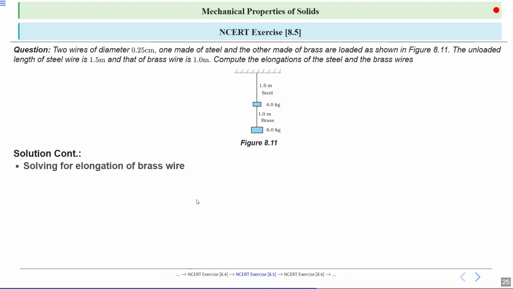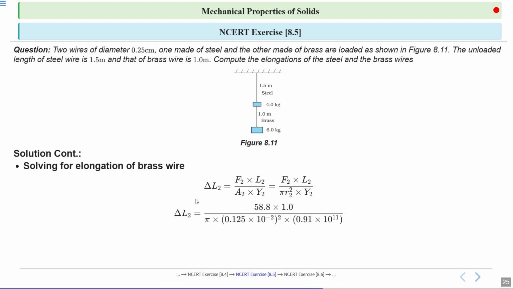Now, let's focus on finding the elongation of the brass wire. So the formula is delta L2 equal to F2 into L2 divided by A2 into Y2. So substitute the values. Delta L2 equal to 58.8 into 1.0 divided by pi into 0.125 into 10 raised to power minus 2 whole square into 0.91 into 10 raised to power 11. Alright.